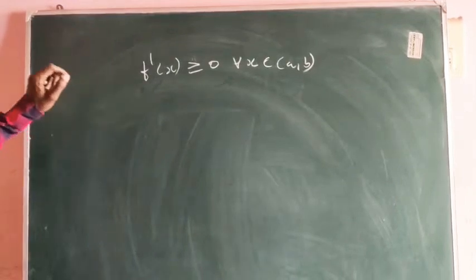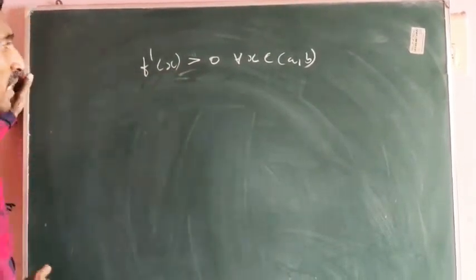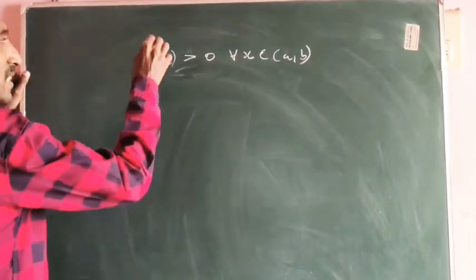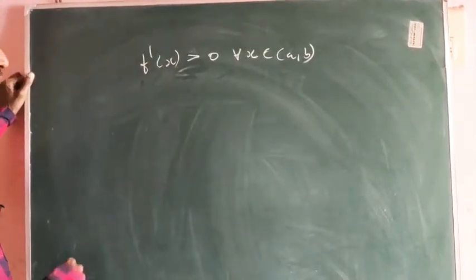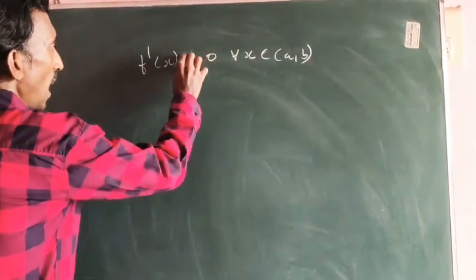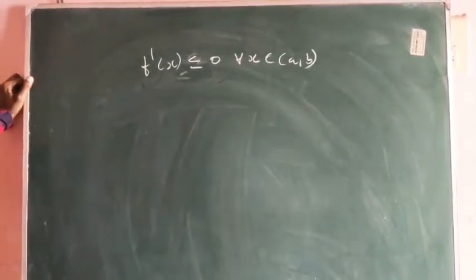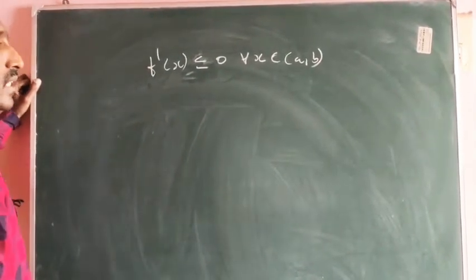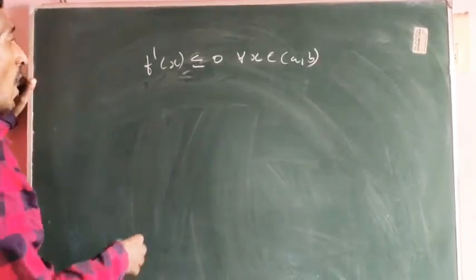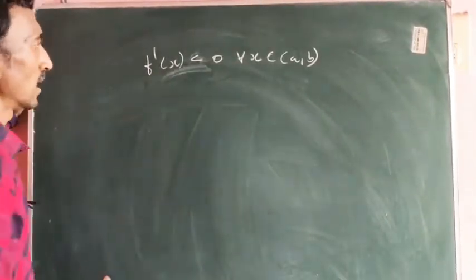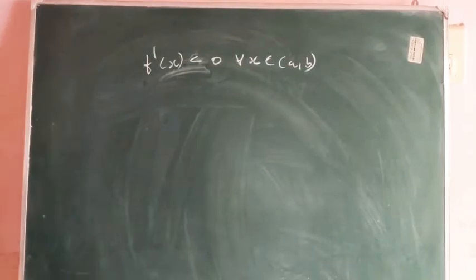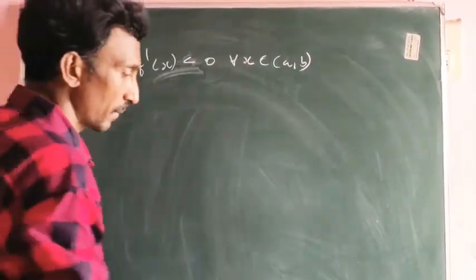If only f dash of x greater than 0, it is called a strictly increasing function. Similarly, if the first derivative is less than or equal to 0 in that interval, f of x is a monotonic decreasing function. If only less than 0, it is called a strictly decreasing function.